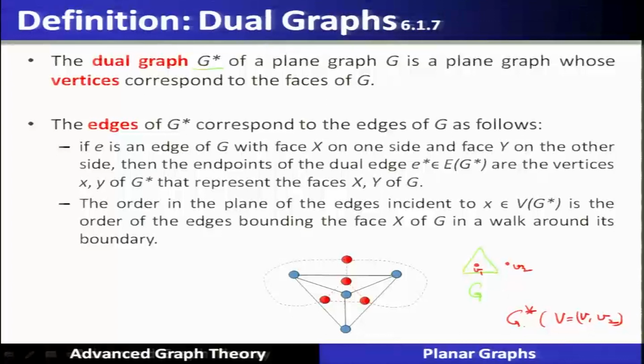As far as the edges of the dual graph are concerned, we will draw the edges. If e is an edge with face x on one side and face y on the other side, then the endpoints of the dual edge are the vertices x and y. You see that V1 is a vertex on one face of G, and V2 is another vertex on another face of G, and there is an edge.